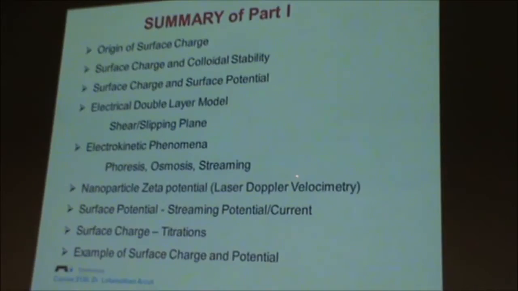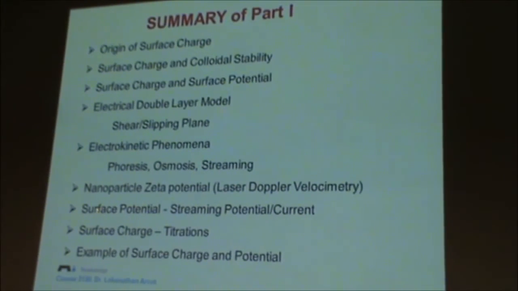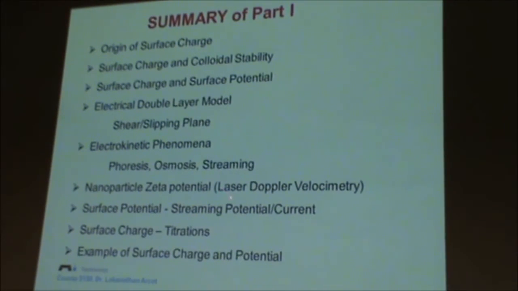We used the Doppler effect for that, and then we came to use streaming potential or current to measure the potential of a surface, and surface charge density that can be calculated using titrations. And then we saw one example where surface charge and surface potential were used to characterize a reaction. We'll take a 5 minute break.